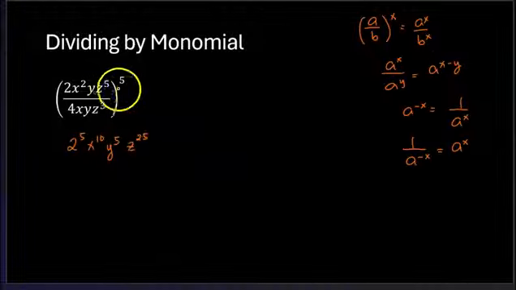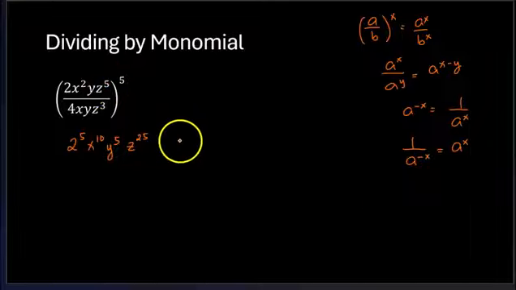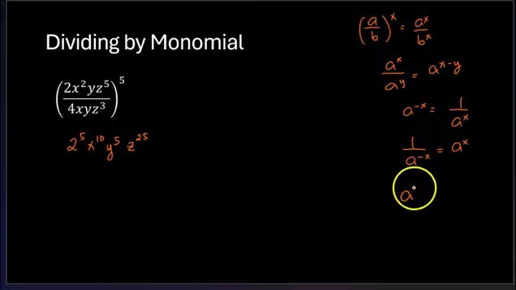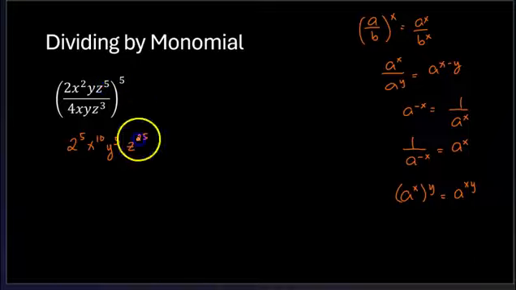So how is this the answer? If you remember, if you have a to the x, everything raised to y, the simplified form is equivalent to a to the x times y. Hence, we multiply 5 times 5, 25.